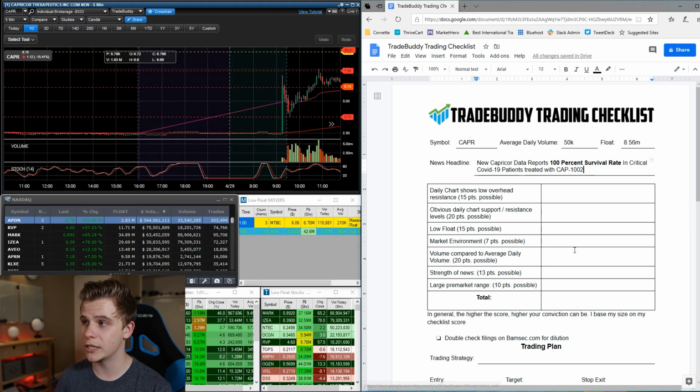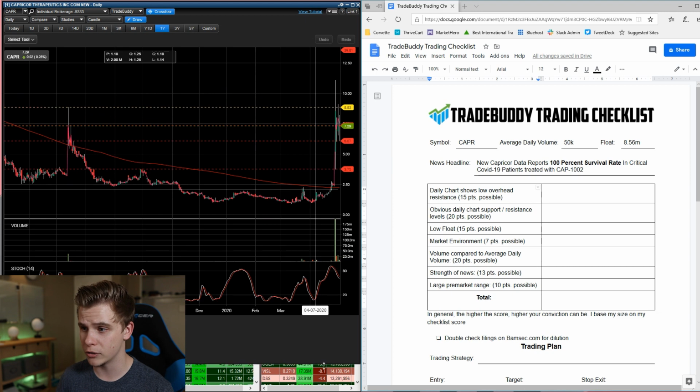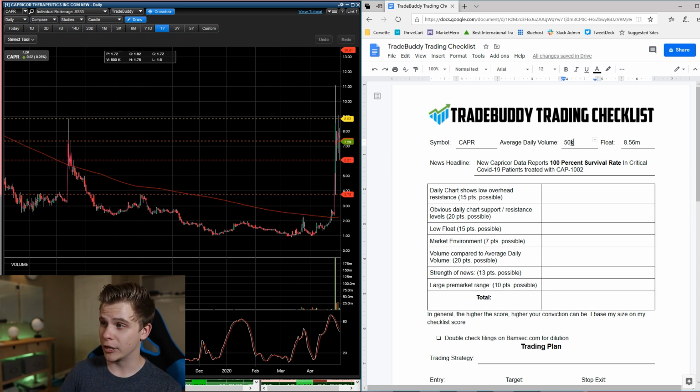Next thing we want to do is just start to grade the stock. So the first section says daily chart shows low overhead resistance. So what does that mean? Basically, there's two main things I look for on the daily chart. Number one, I want to see low average daily volume. We already know that CAPR has low volume because of the parameter that we filled out earlier.